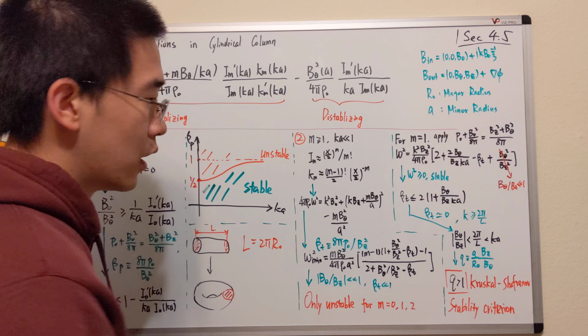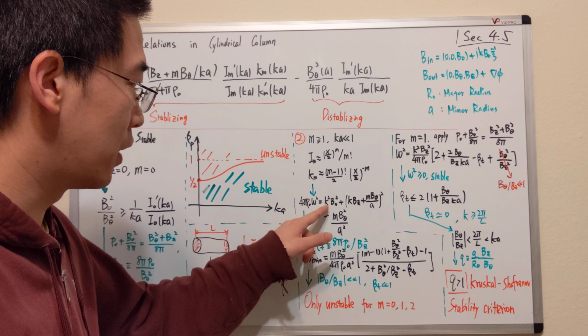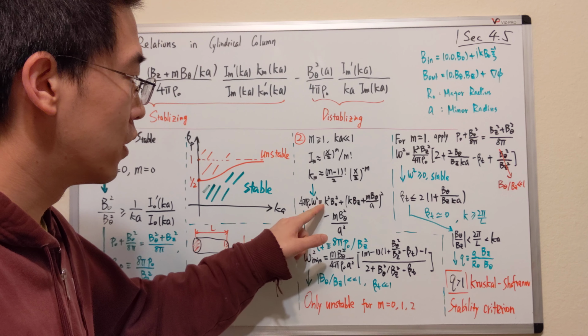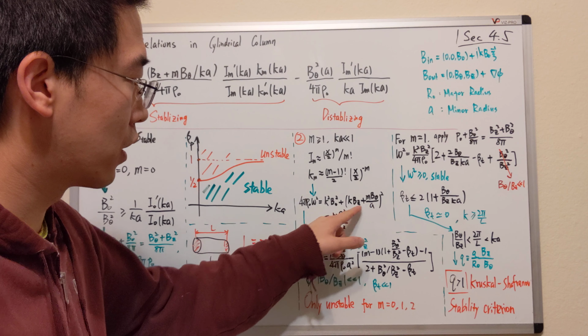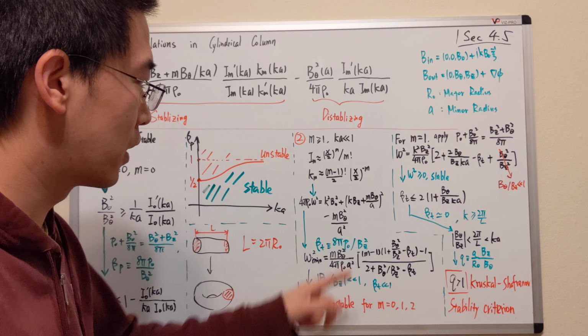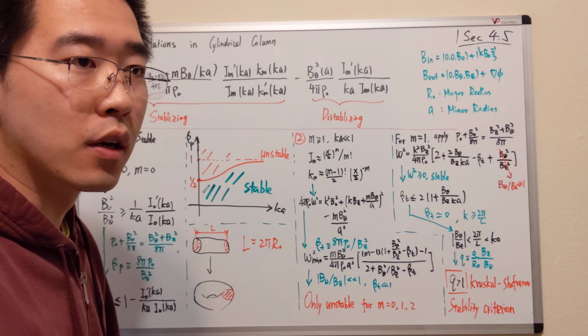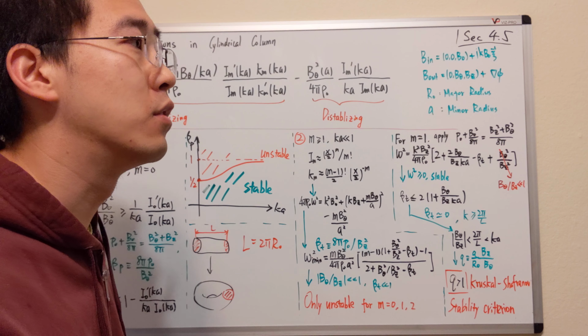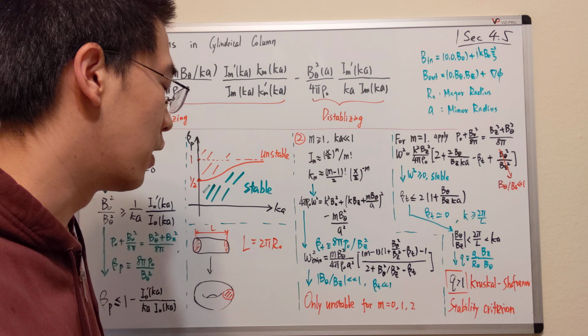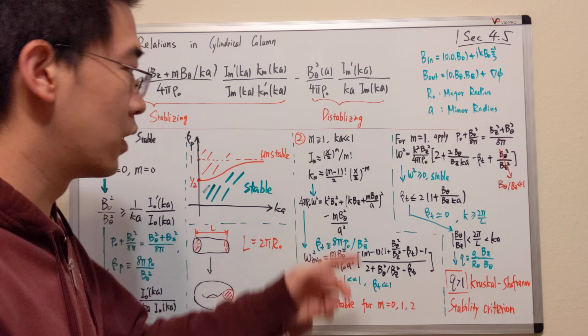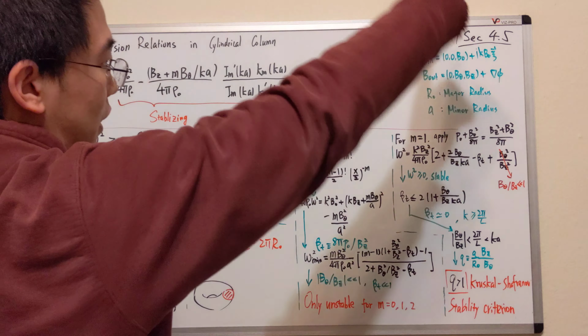Basically, you can think of the right hand side as a second order polynomial in terms of k: k squared and k. A second order polynomial is really easy to study by looking at the minimum of omega squared, because this polynomial is definitely like this.